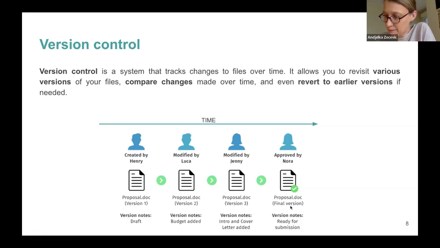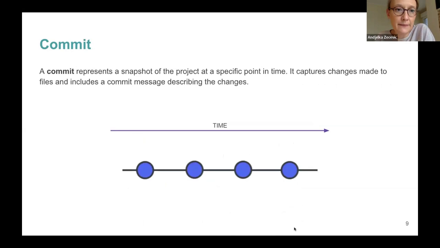So if we name these versions, version 1, version 2, version 3, and version 4, and if we assign them descriptions like draft, budget added, intro and cover letter added, ready for submission, we actually create snapshots, so-called commits, that represent the content of the project at a specific point in time.